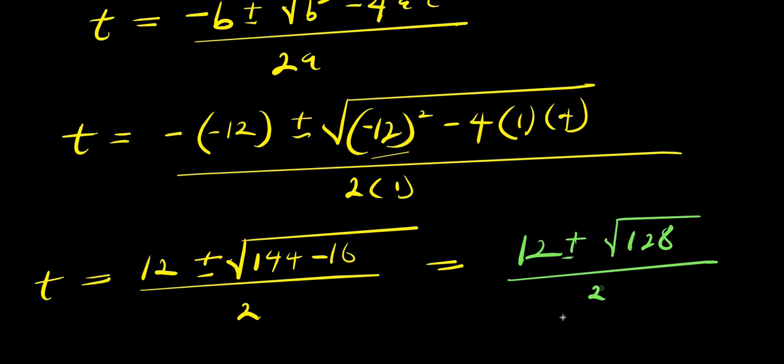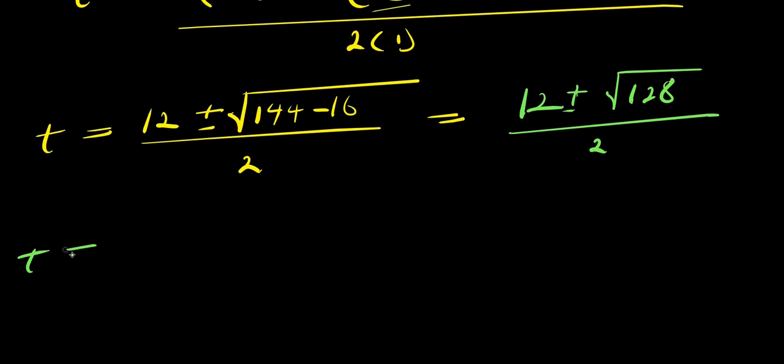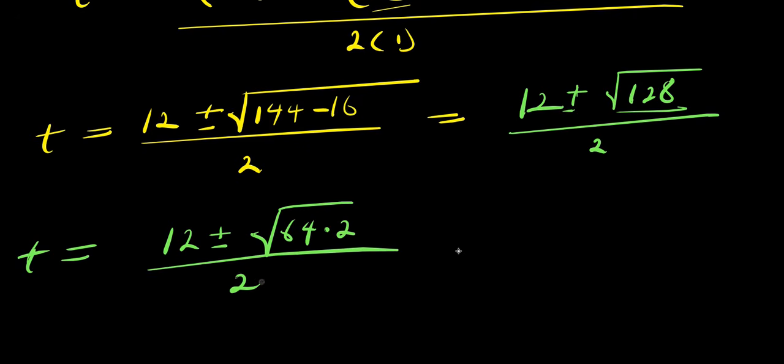So right now what we can do will be to proceed. We have t equals 12 plus or minus, we can express this 128 as the product of 64 times 2, and this is divided by 2.